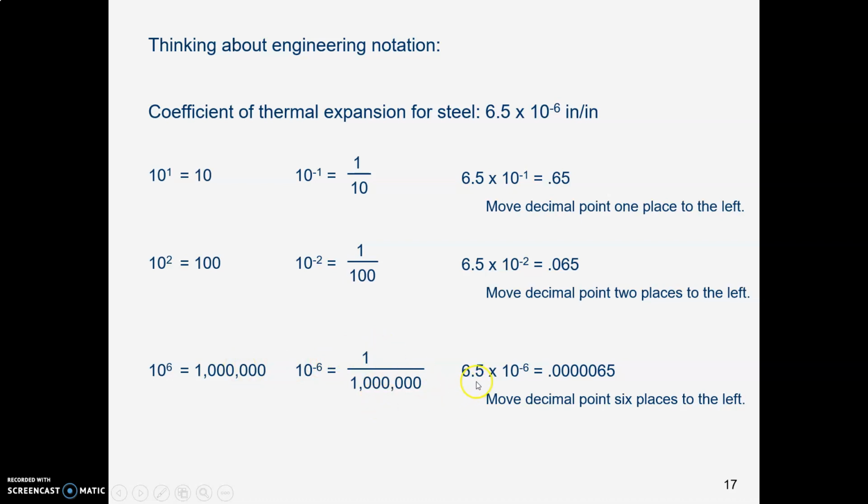We take that decimal point, and because the exponent is a minus 6, we move that decimal point 6 places to the left. And what you come up with here is a point, 5 zeros, and then the 2 numbers.